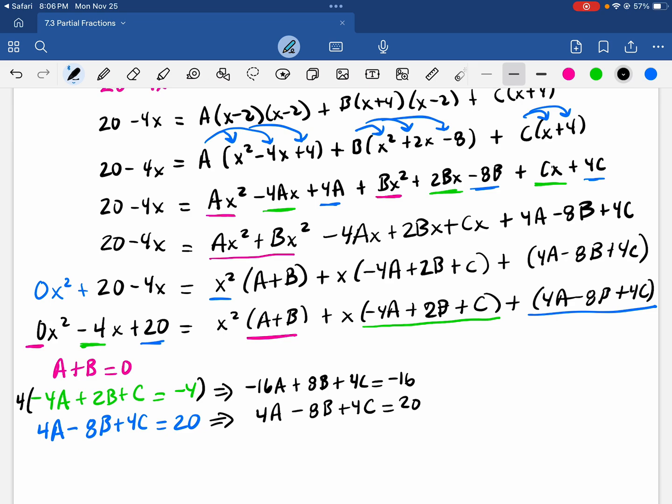All right, and both of those 4's are positive, so we are going to subtract these 2 equations to eliminate those c's.